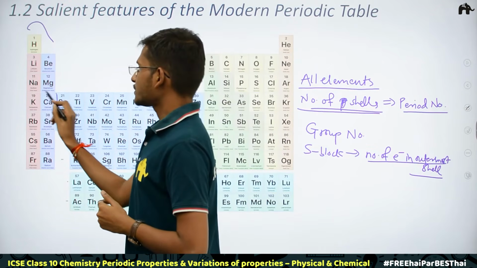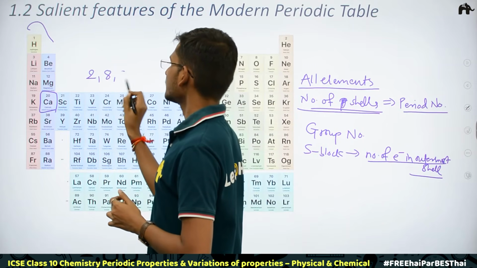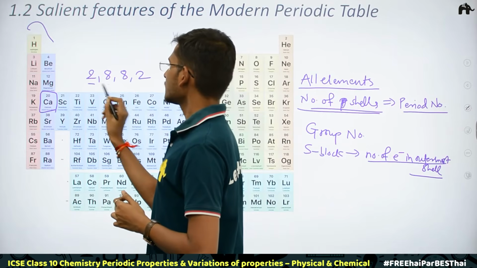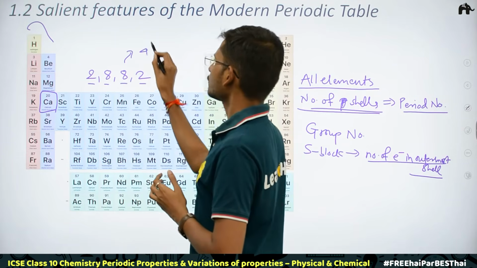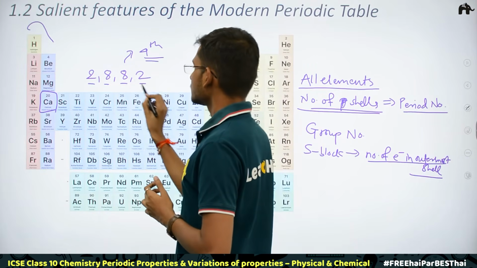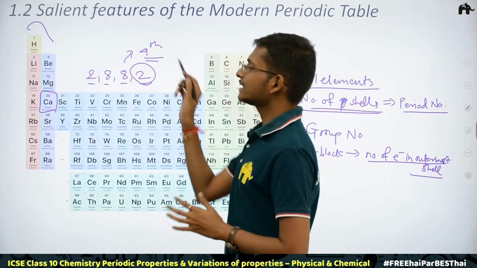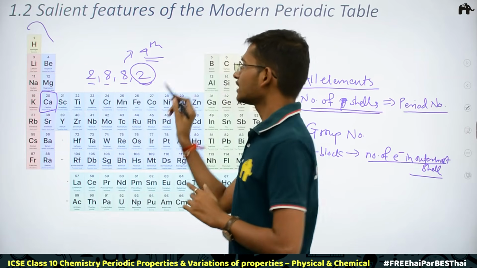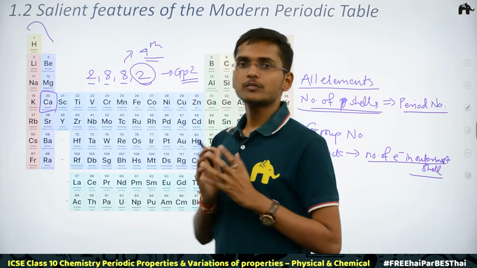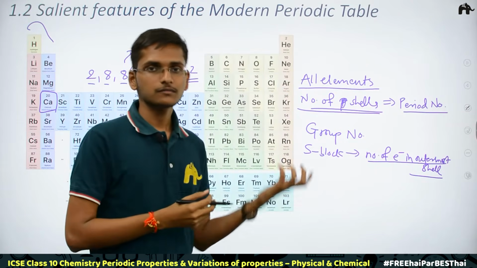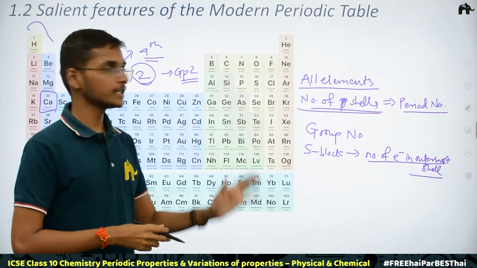Suppose I took calcium. Its electronic configuration I know is 2, 8, 8, 2. So here there are 4 shells, so I easily figure out that it belongs to the 4th period, but the outermost shell has 2 electrons and it belongs to S block. So I would say that it belongs to group 2, because the group number is equal to the number of electrons in the outermost shell for S block elements.